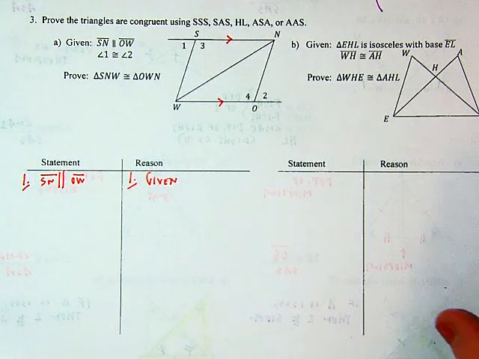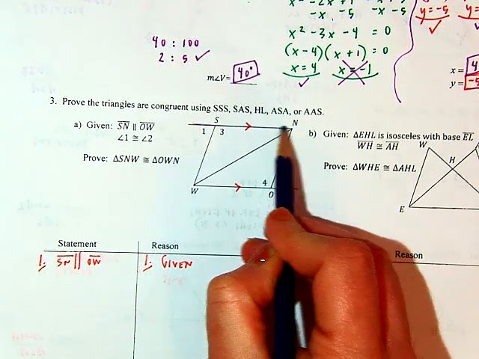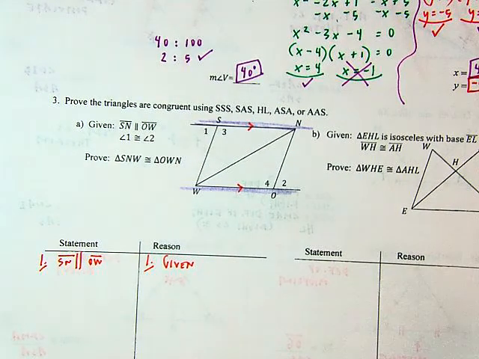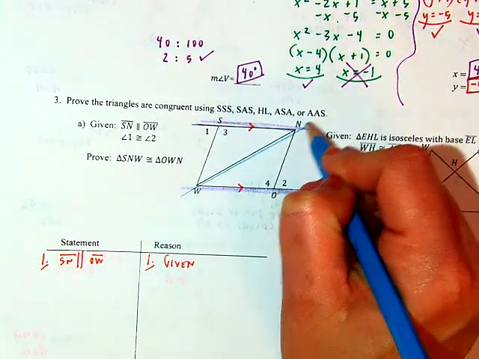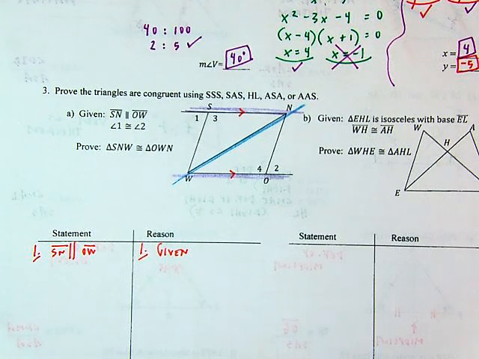Let me just see where I tucked them. I might have to use a different color. Okay, so if I use my purple here and here, if those are parallel, and then here is my transversal, those parallels are going to lead me to my alternate interior angles.